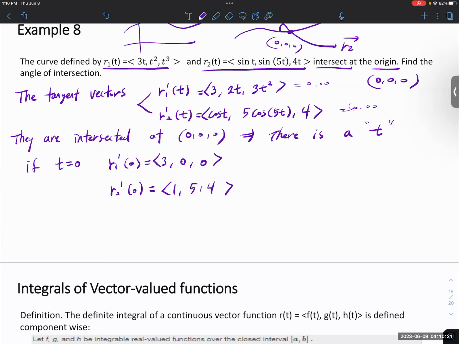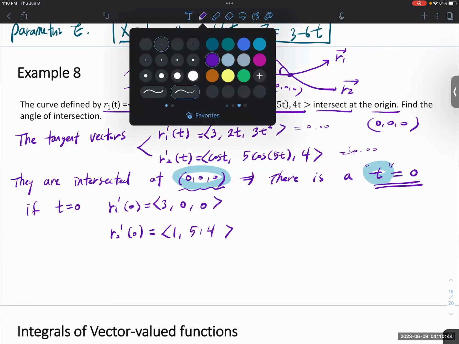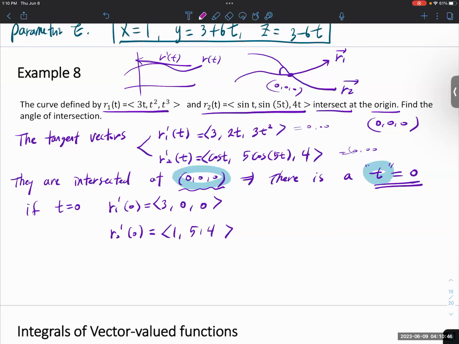So what does it mean? Origin 0, 0, 0 means t equal to 0. That's actually what they mean. t equal to 0 means you have a point at the origin. So therefore, I plug 0 into the tangent vectors, and I got those two vectors. So we have a tangent here, and we have a tangent here.